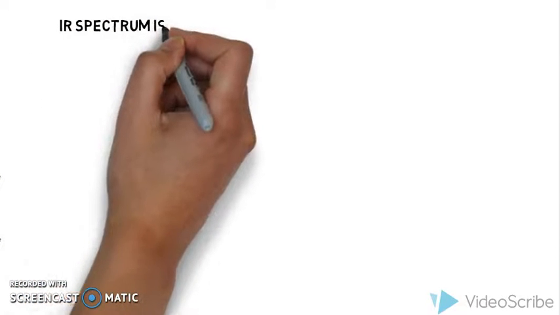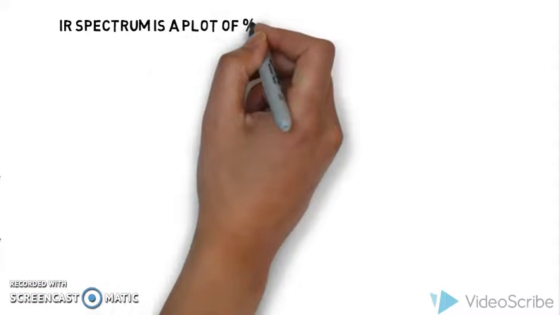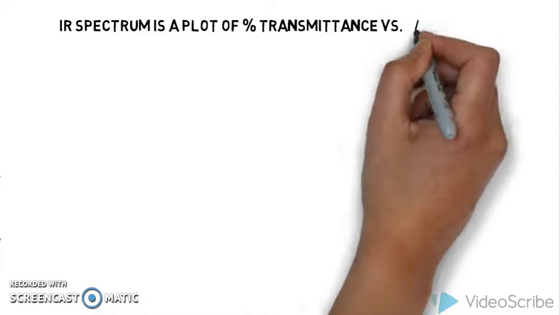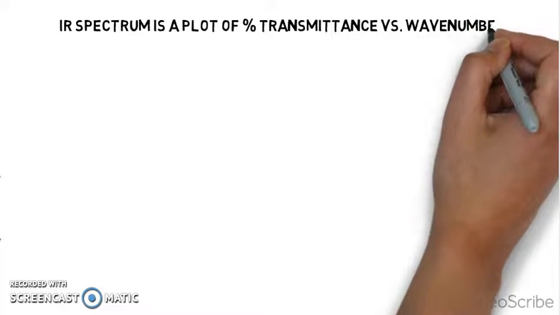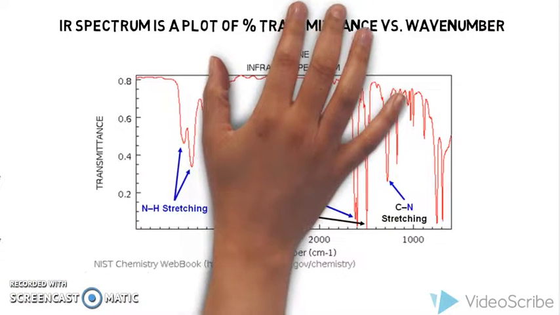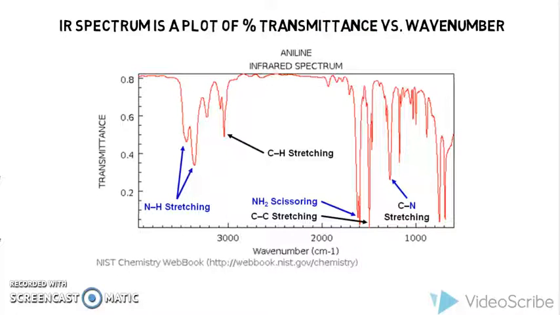So here I am showing you the typical IR spectrum. In IR, we are measuring the percentage transmittance of light, and hence an IR spectrum consists of transmittance on the y-axis and wave number on the x-axis. This is an example of how a typical IR spectrum looks.